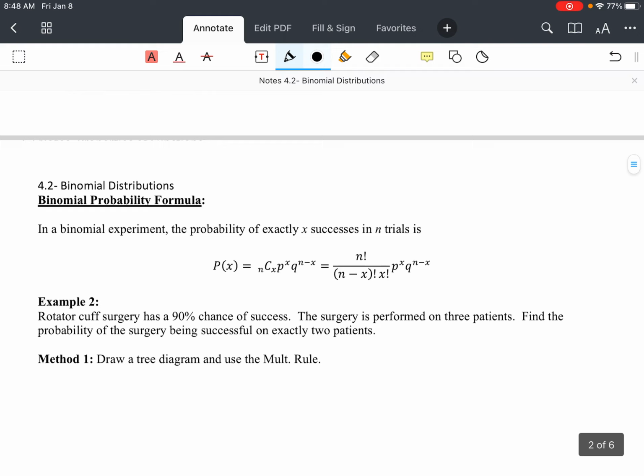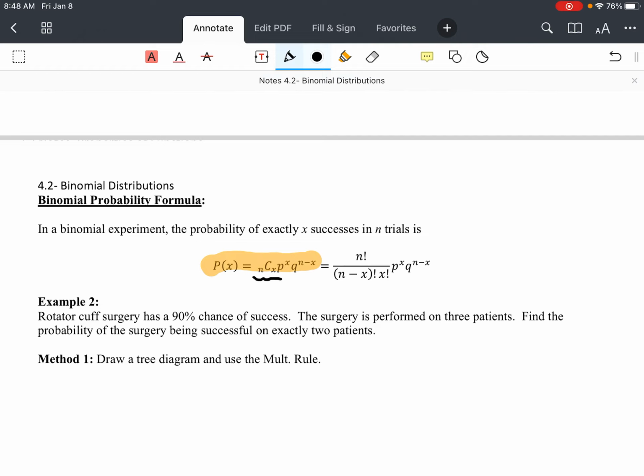All right, so let's go ahead and talk about the binomial probability formula. Okay, so in class, I will show you how to do this on the calculator, but in a binomial experiment, the probability of exactly X successes in N trials can be represented using this. So what I want you to notice is that in the middle here, that is a combination.